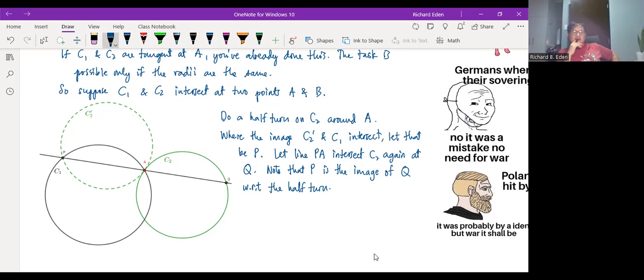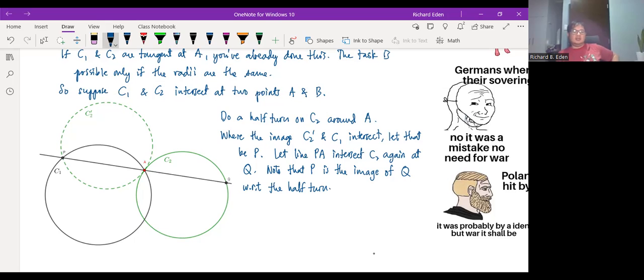Well, the image of Q should be collinear with Q and the center, so the image should be along that line. But because Q is on C2, the image should be on the image circle C2 prime. It's only point P which is on that line and on C2 prime. So point P is the image.